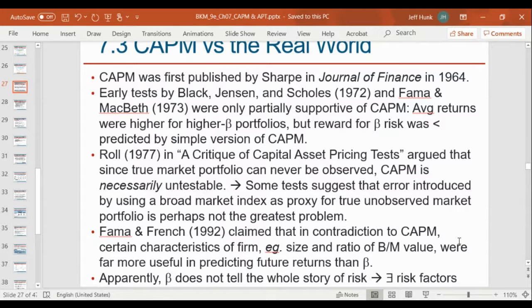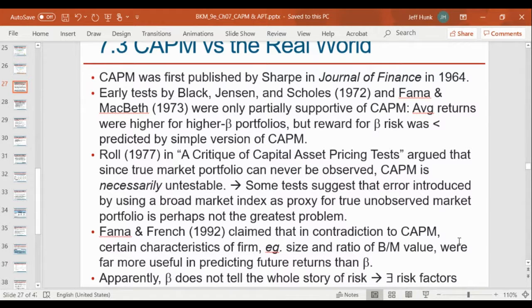But however, since it is a long-run equilibrium model, over the years they've come up with some multi-factor versions of CAPM, right?